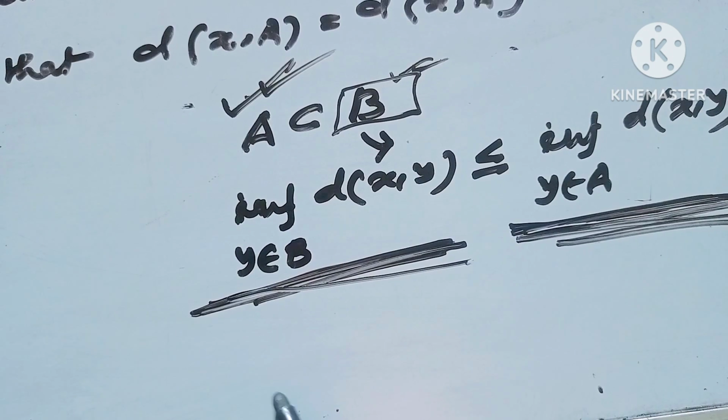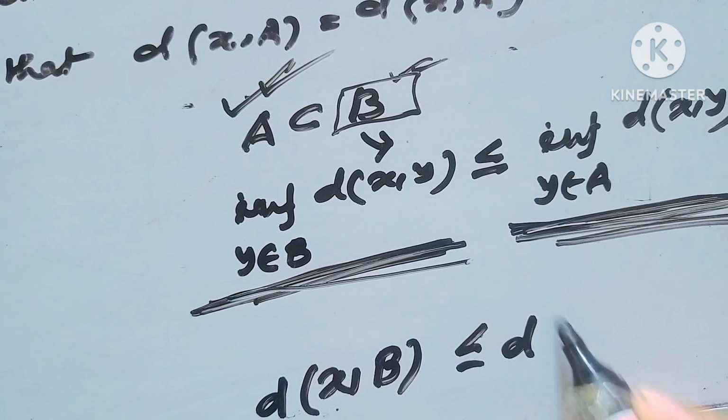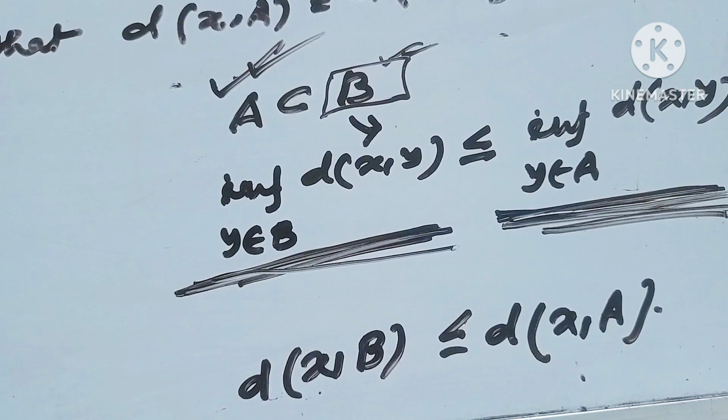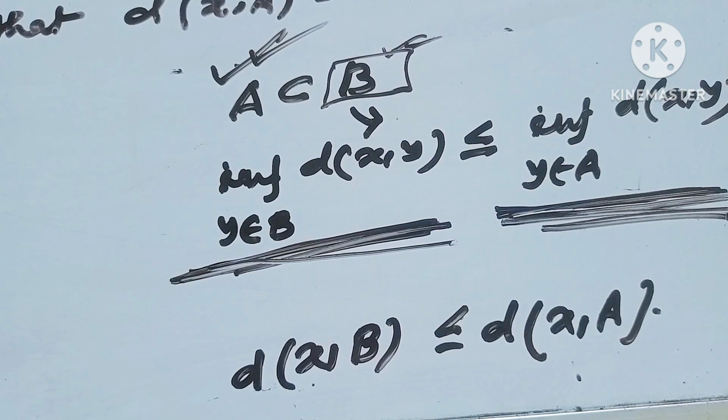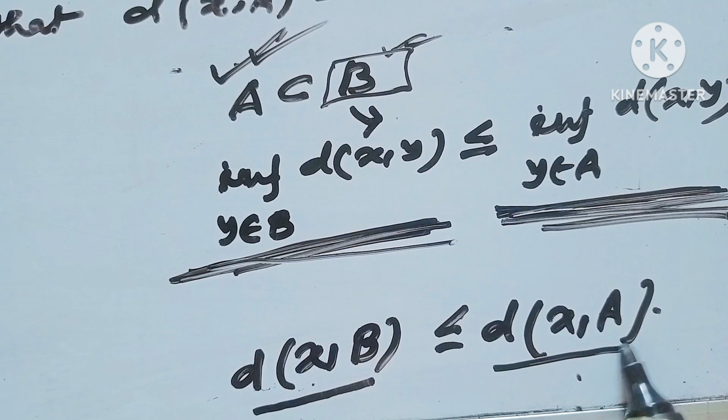That means d of xB is less than or equal to d of xA. That means when the set is bigger, then the distance between x and the set is always smaller. I hope all my viewers have understood.